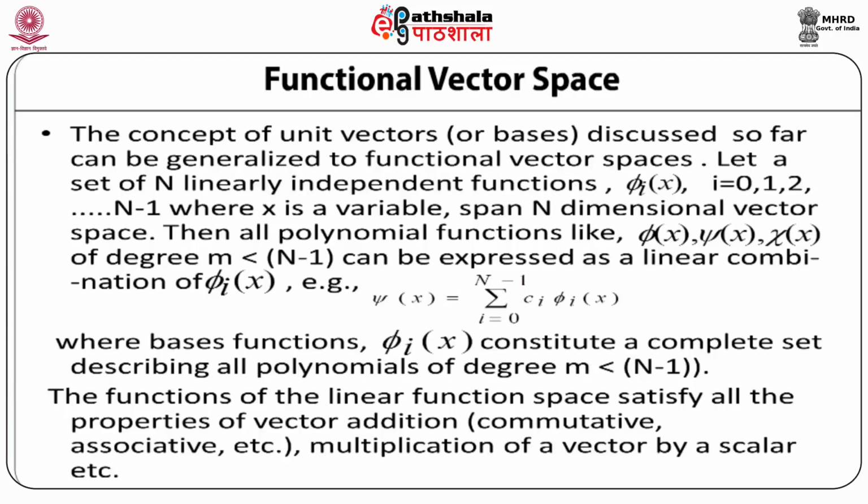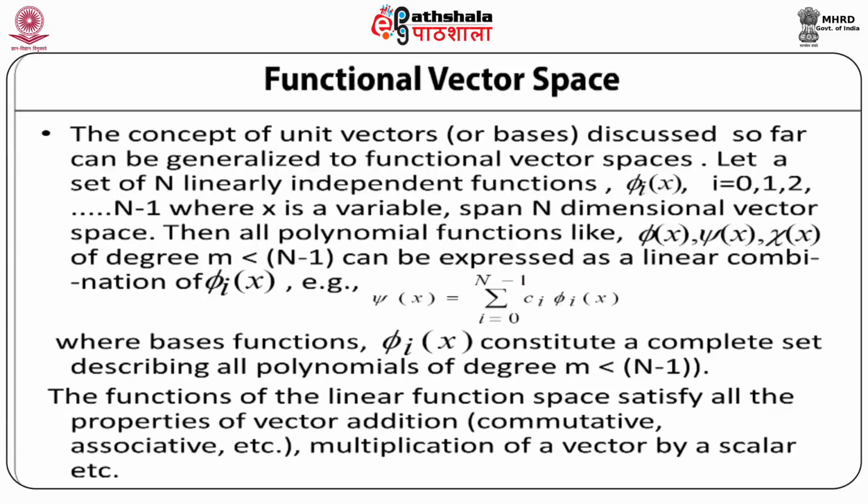Let us consider two functions phi(x) and psi(x), and let us define a scalar alpha. Then alpha into (phi(x) plus psi(x)) is equal to alpha into phi(x) plus alpha into psi(x).